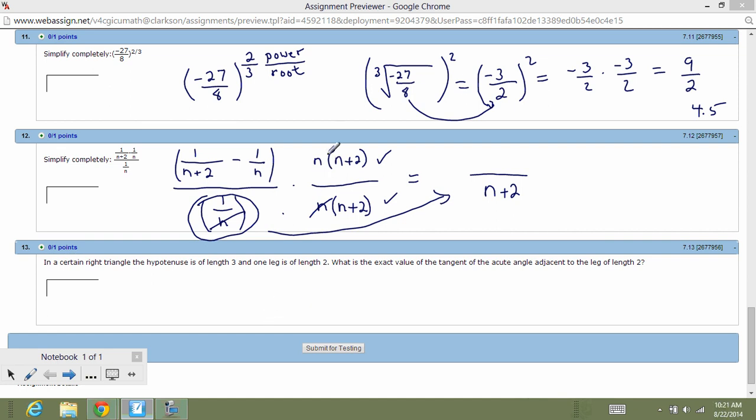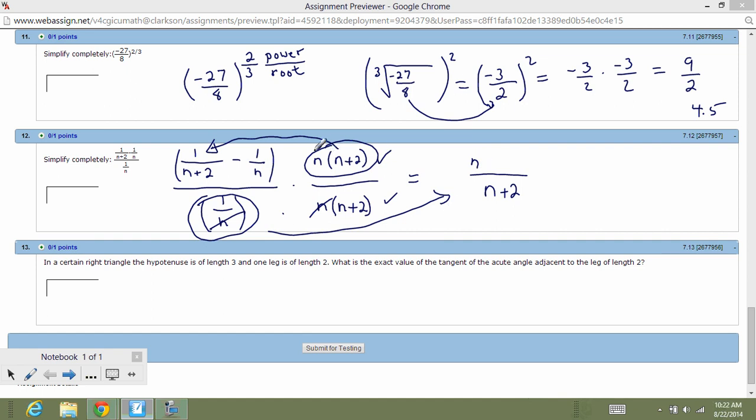And in the numerator, of course, we have a binomial numerator. We're going to be using the distributive property as we do this. So the n times n plus 2 will get multiplied times the 1 over n plus 2. And when you do that multiplication, of course, you'll have an n plus 2 cancel. And so the n will be the only result there.